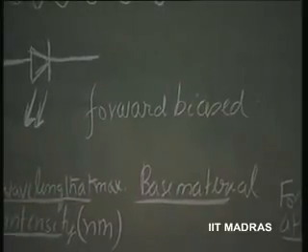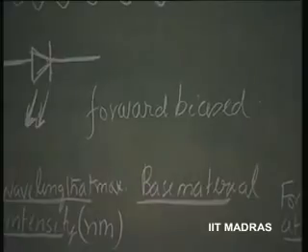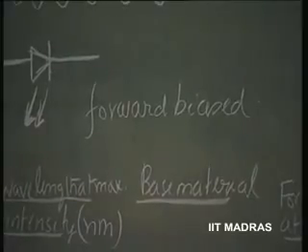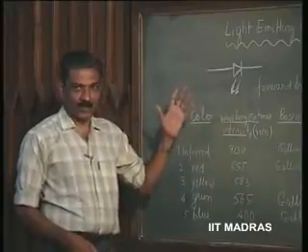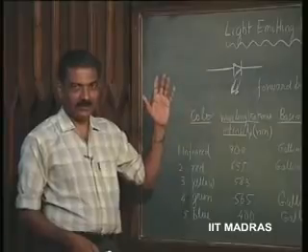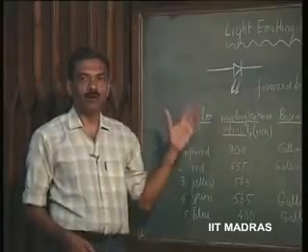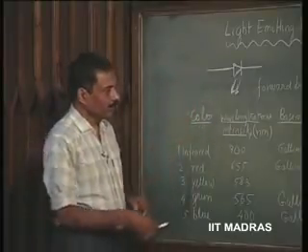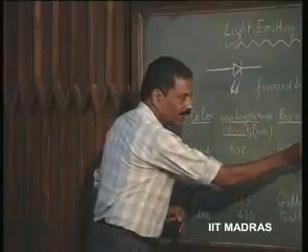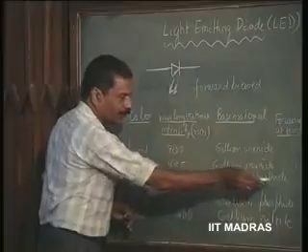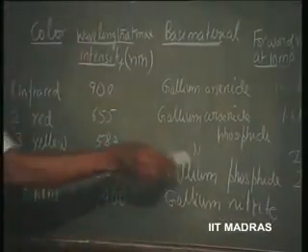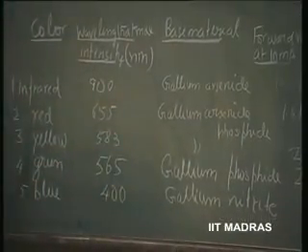But such a diode is not a silicon diode, it is made out of not group 4 element which is silicon, but a 3,5 compound element which is called gallium arsenide or gallium arsenide phosphide or gallium nitride, gallium phosphide.